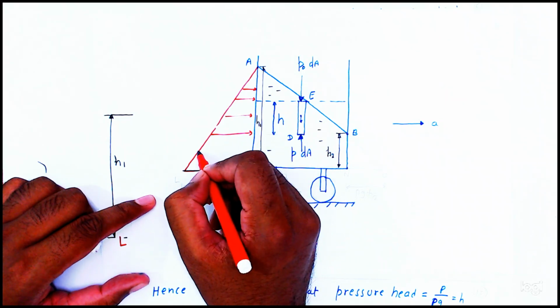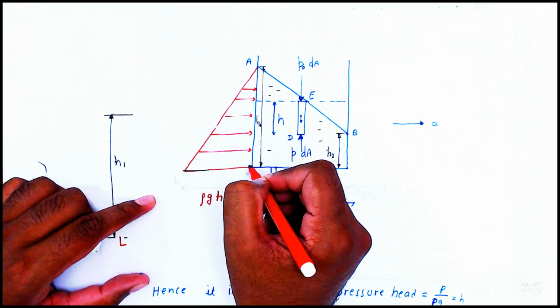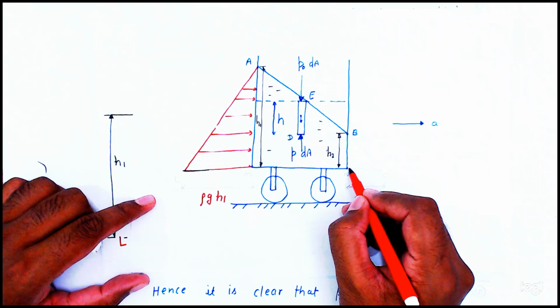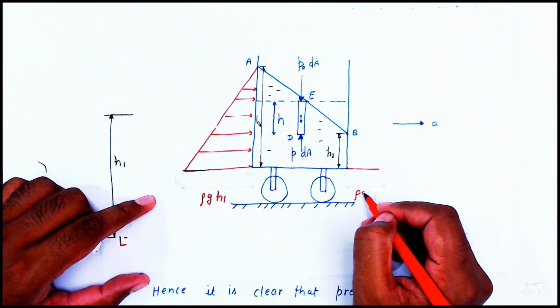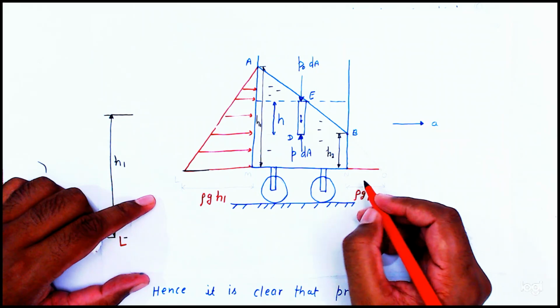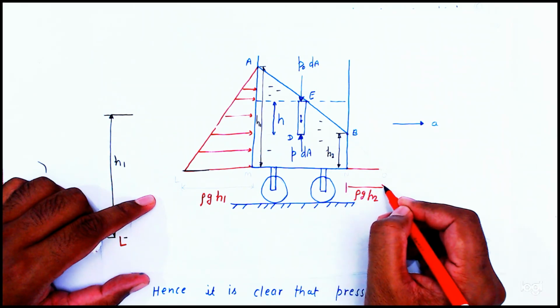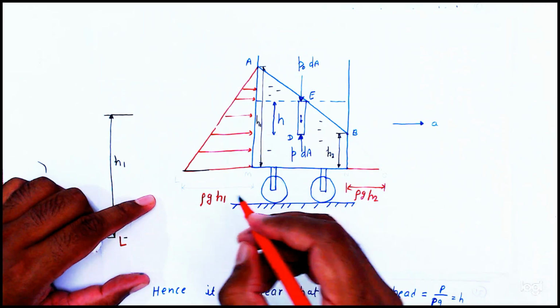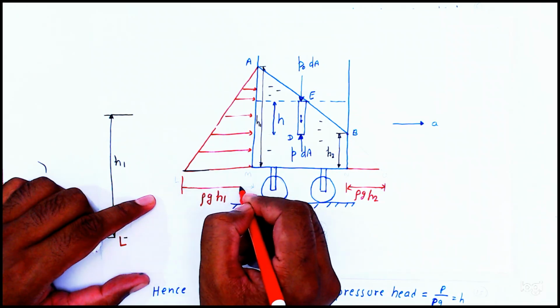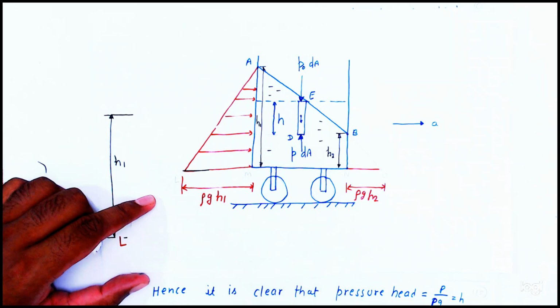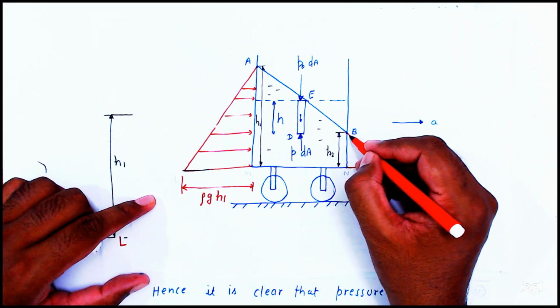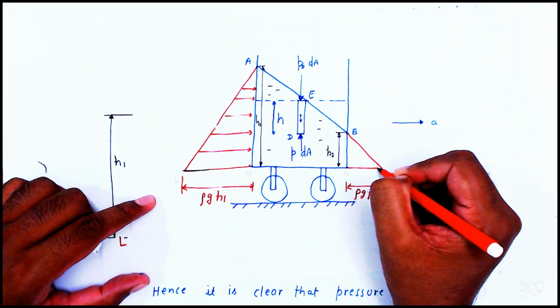This is the pressure diagram. Here also the pressure is equal to what? Rho g into h2. And the pressure diagram will come like this.